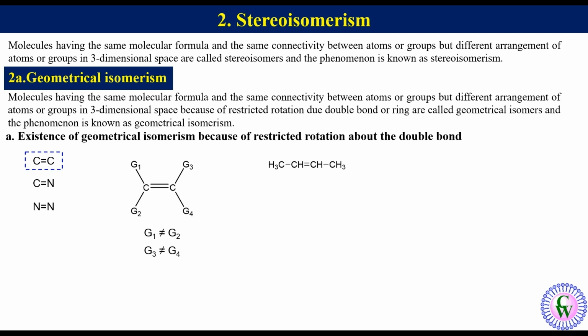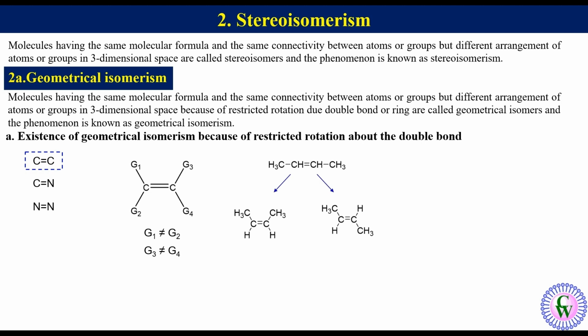There are two possible spatial arrangements of H and methyl group. In one, the two methyl groups are on one side and two H on the other side of the double bond. In the other, methyl is opposite to methyl and H is opposite to H.